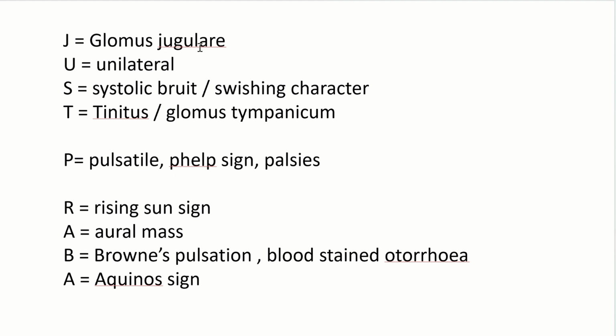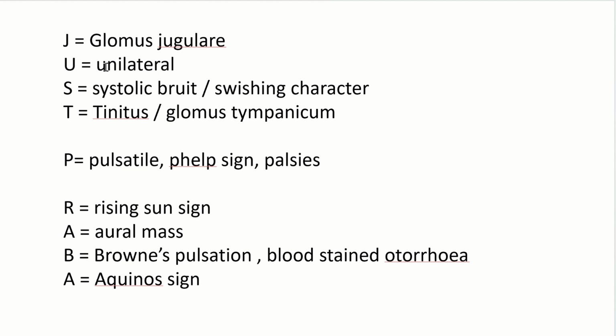The glomus jugulare arises from the dome of the jugular bulb, so it is named glomus jugulare, whereas the glomus tympanicum arises from the promontory of the middle ear, and that's why it is named glomus tympanicum.